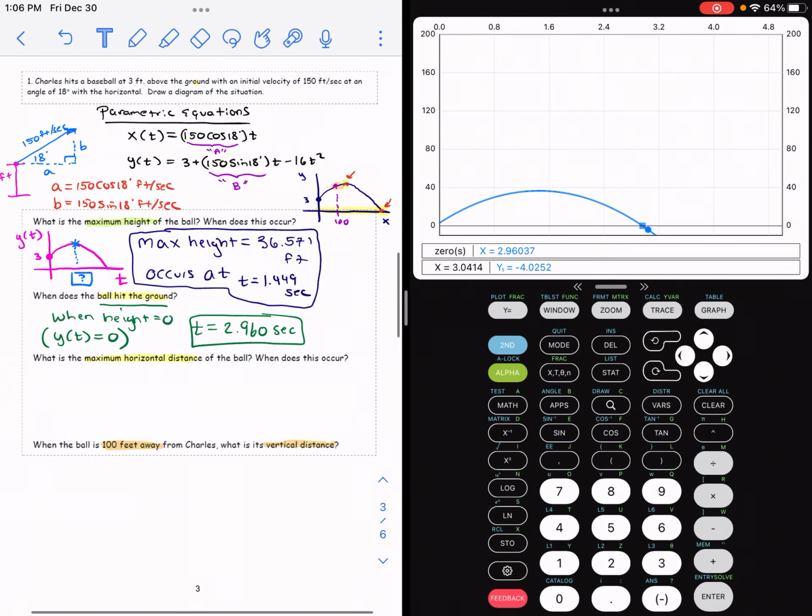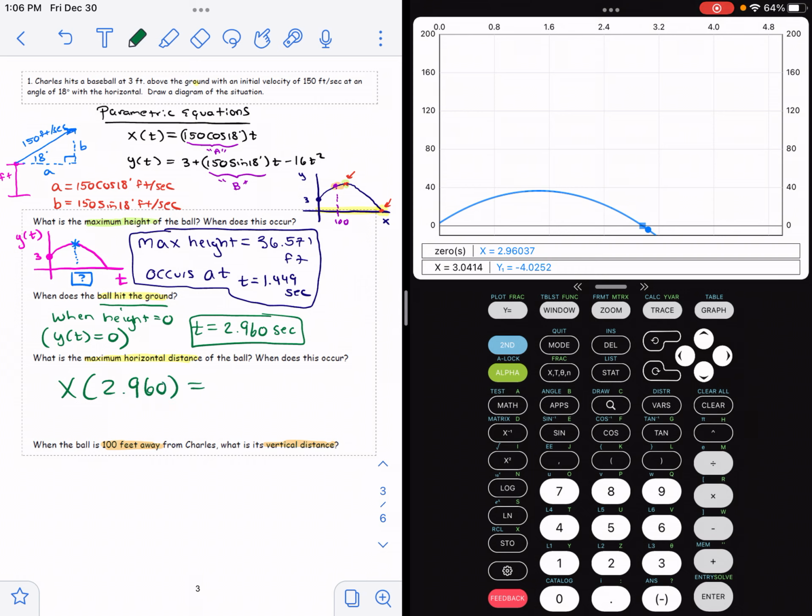Okay, the next question is, what is the maximum horizontal distance of the ball? Well, that is just going to be what my x-coordinate is at this moment, 2.96 seconds, right? That's when it hits the ground. So we know its height is 0 there, but how far away is it from the launch point? We're just going to plug 2.96 into our x equation, right?